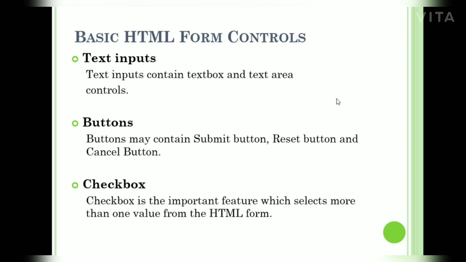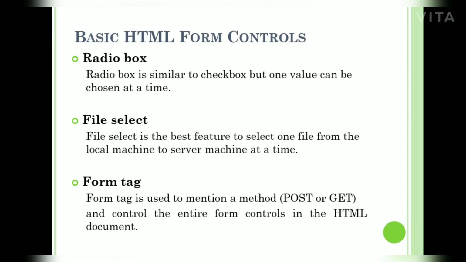Checkbox is the important feature which selects more than one value from HTML form. Radio box is similar to checkbox, but one value can be chosen at a time. File select is the best feature to select one file from the local machine to server machine at a time. Form tag is used to mention a method, either post or get, and control the entire form controls in the HTML document.